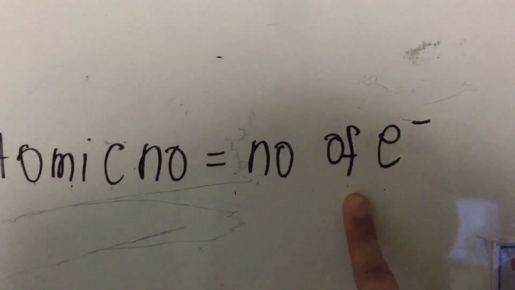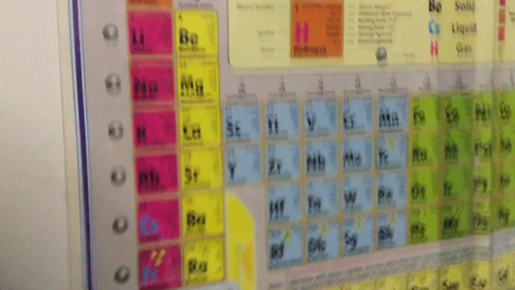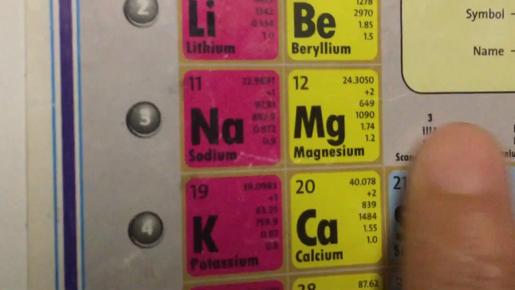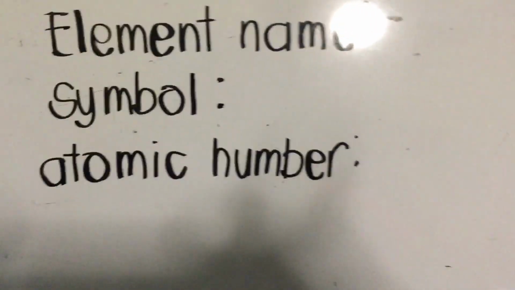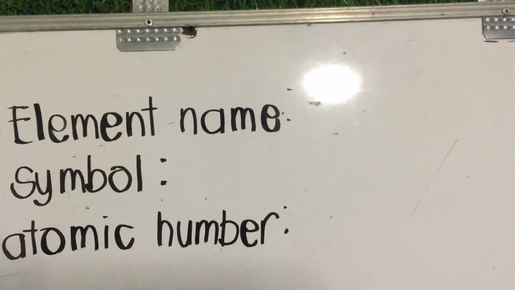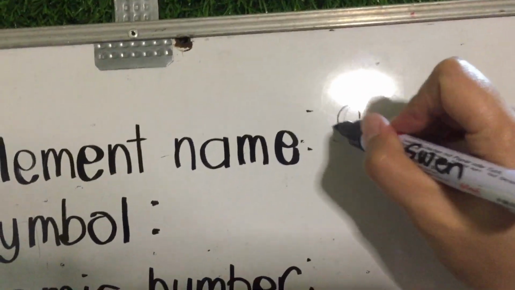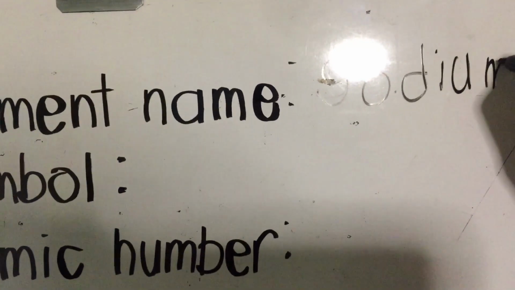So, let's have an example. Hanapin natin sa element sodium. Okay? Sodium, nasaan ka? Nasaan si sodium? Hanapin natin. Ayan. Okay, so yan si sodium, right? Okay. So, ilagay natin yung data dito. Okay. Element name is sodium. Okay, sodium.